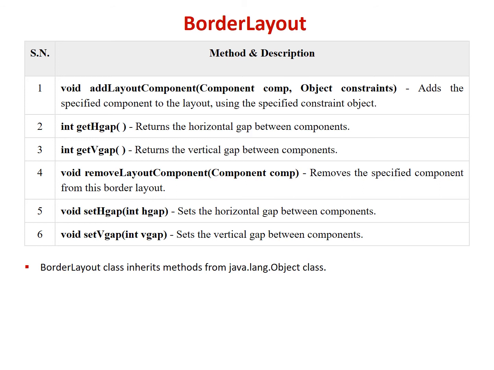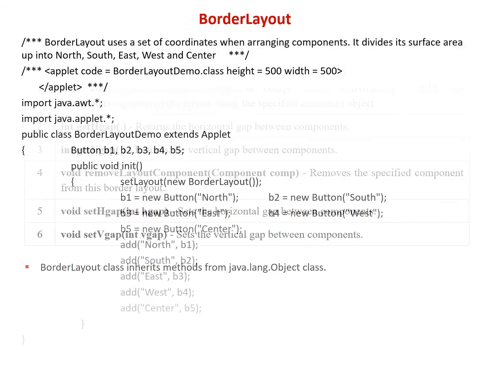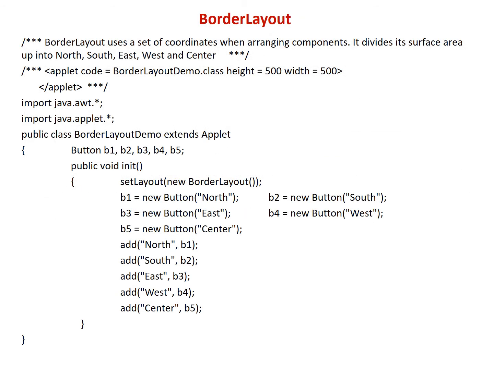BorderLayout inherits methods from the java.lang.Object class. BorderLayout uses a set of coordinates when arranging components. It divides its surface area up into north, south, east, west and center.